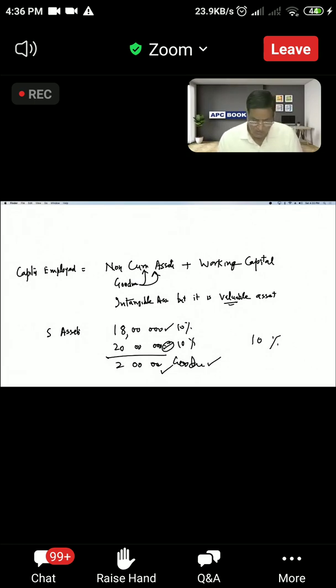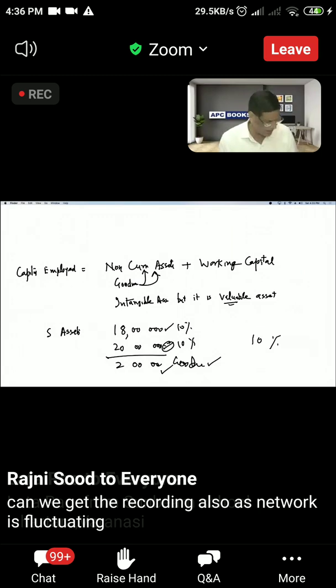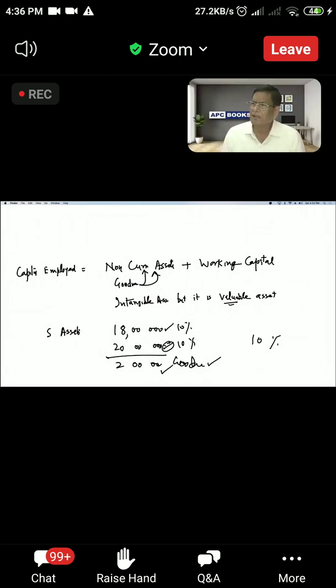So in this illustration below, working capital is given. All of you know working capital is current assets minus current liabilities. So the question is simple.